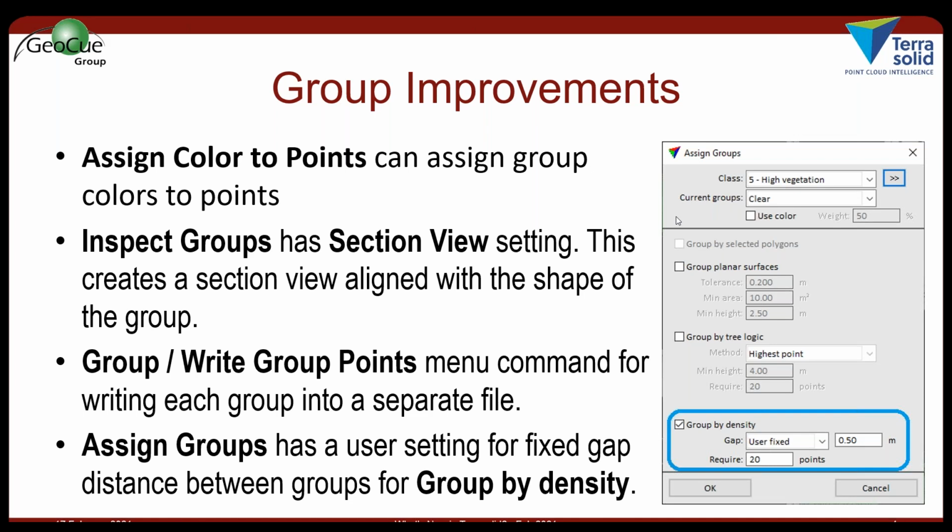And a modification in the assign groups, in the group by density, you now have access to what was behind the scenes a fixed gap. Now you can set that gap distance yourself. This can be quite handy when you're trying to get objects to group together as a single object. Say you have a pole and the cross arm is a little disconnected from the main pole structure in the point cloud.